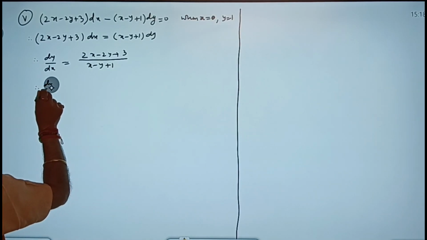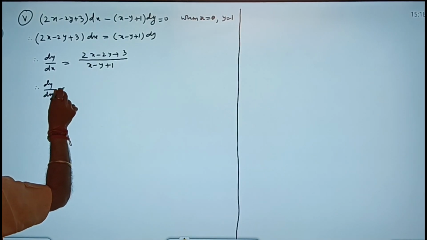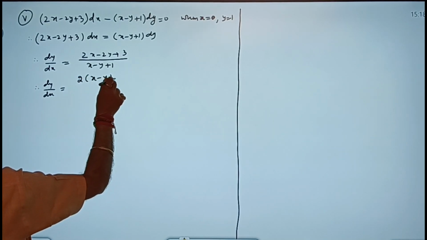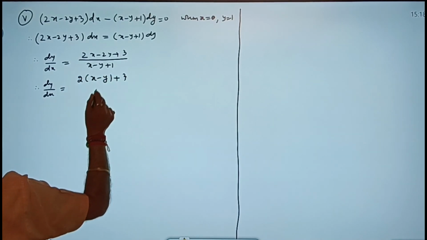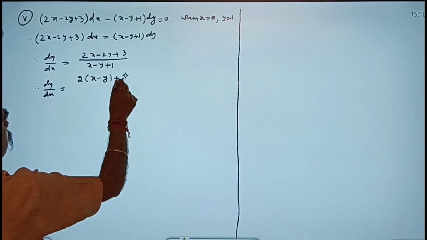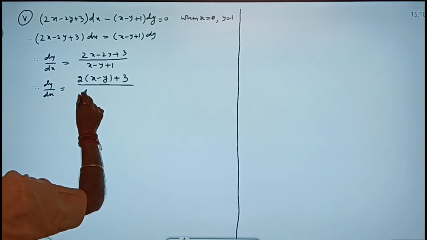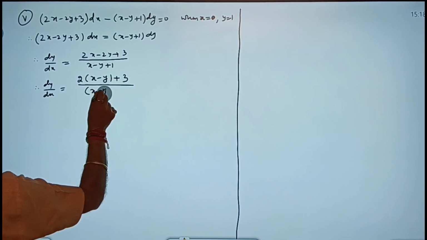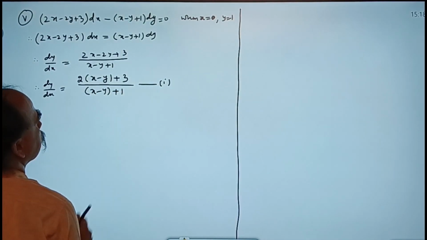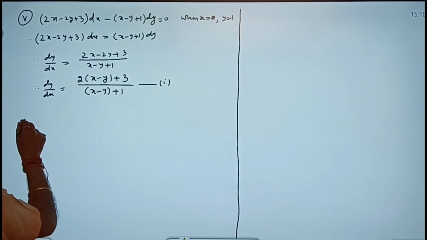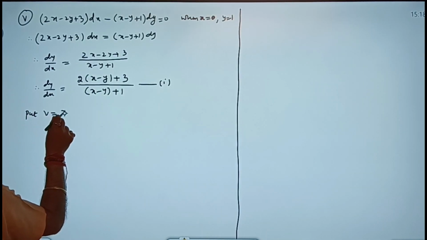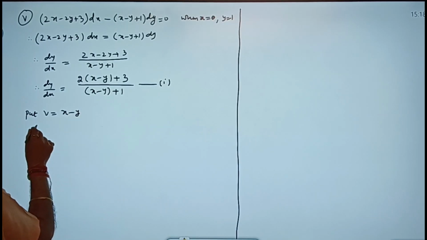So dy by dx is what? 2 common upon x minus y plus 1. Equation number 1. Put v is equal to x minus y.